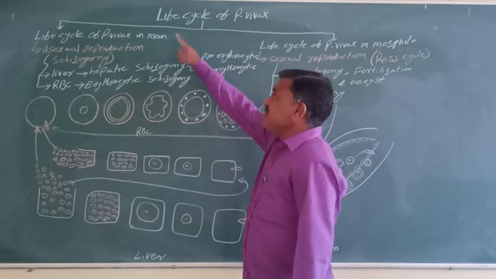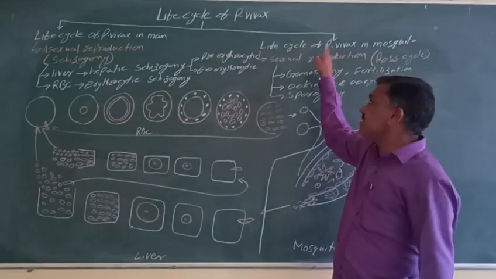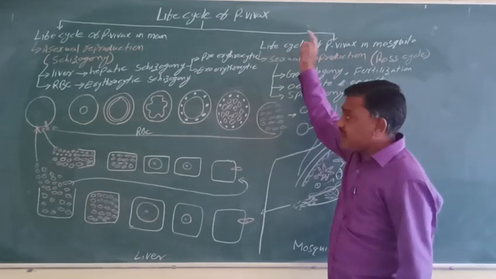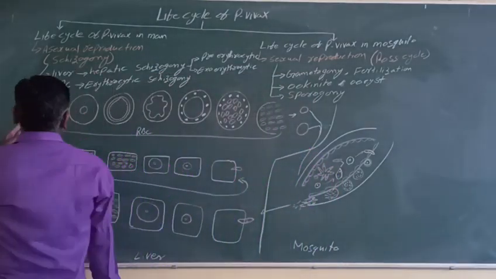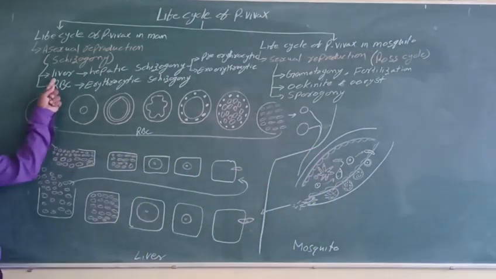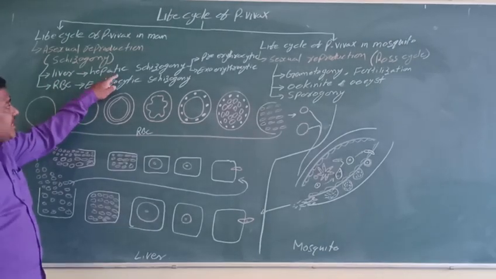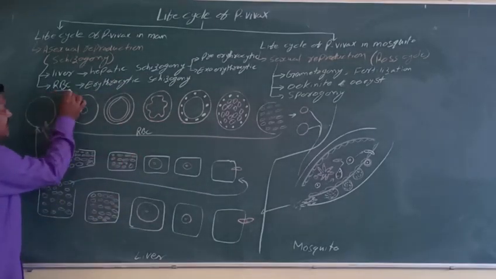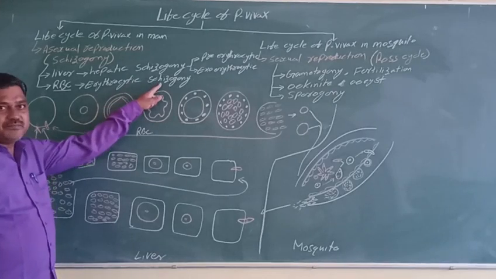Now, in man it is an intracellular parasite, and in the mosquito it is an extracellular parasite. Initially it occurs in the liver. If it occurs in the liver, we call it hepatic schizogony, and if it occurs in RBC, it is called erythrocytic schizogony.